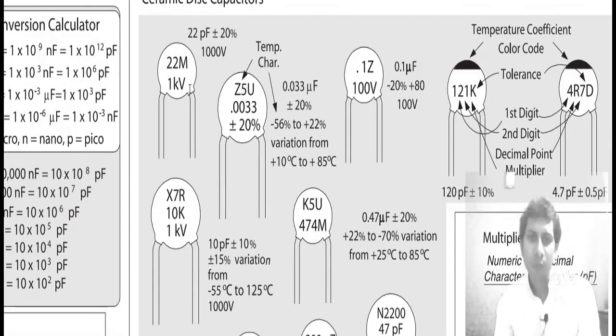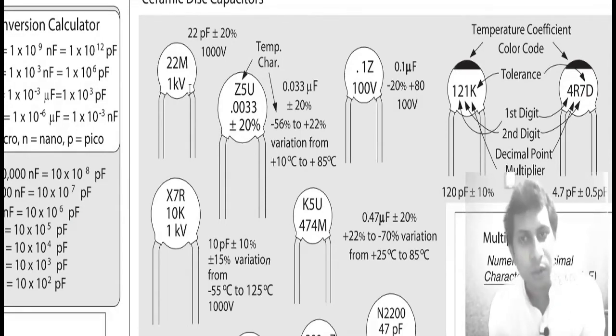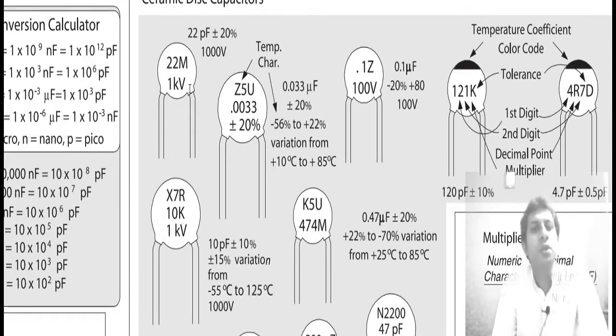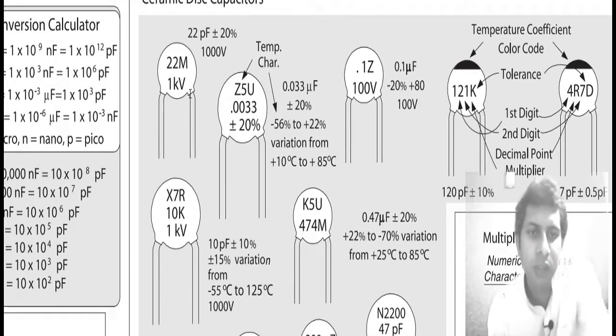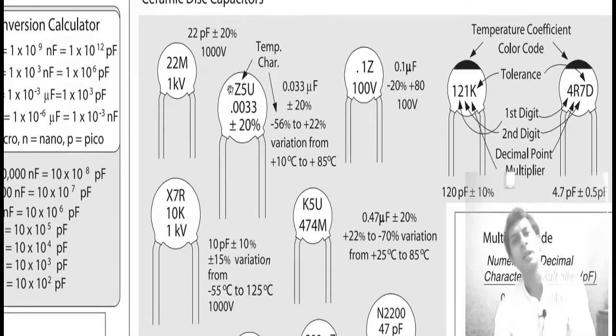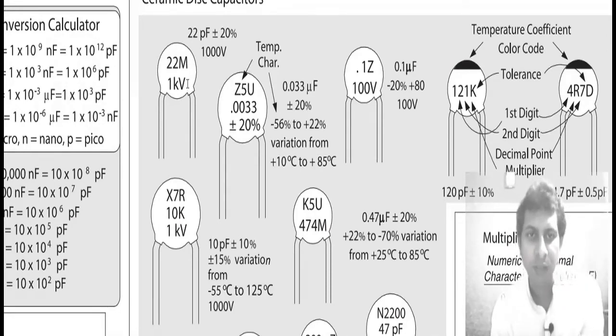If there is a 1000 volt supply from one part of a circuit to another part, and we have to use a capacitance for coupling purposes, then we can use this capacitor, which is written as 22 picofarad. M stands for plus minus 20%, and 1 kV means K is 1000, V is volts. So wherever we have to use it below 1000 volts, we can use this ceramic capacitor.